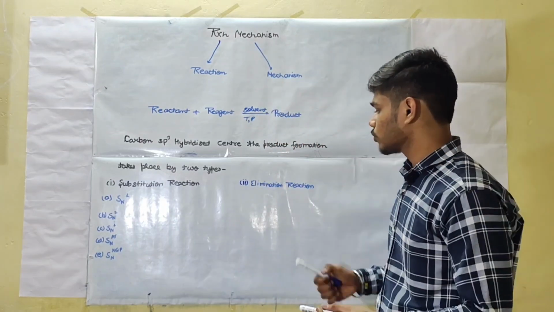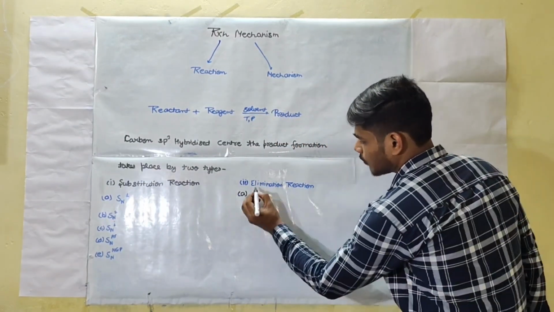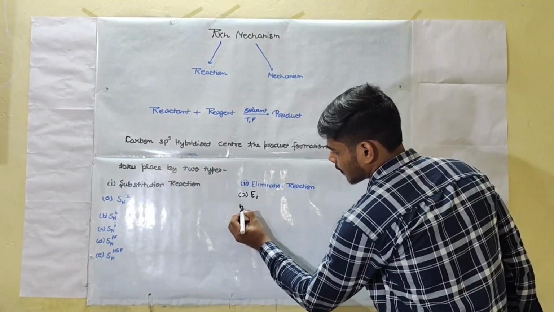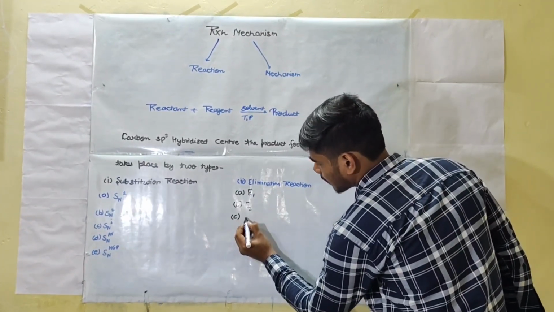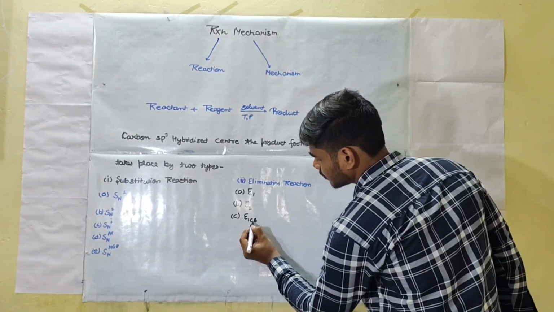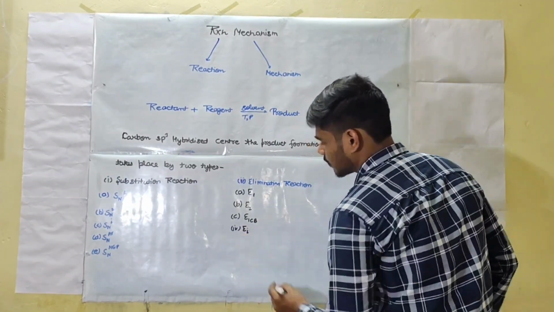reaction. If we go through the elimination reaction, it can also be categorized into different types. First one is E1, another one E2, C. E1CB, and fourth one is Ei.